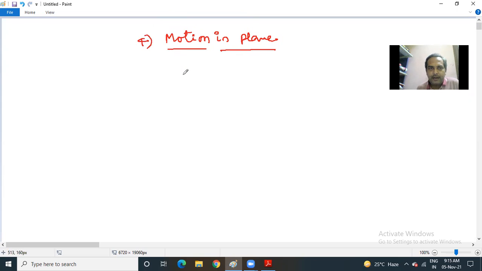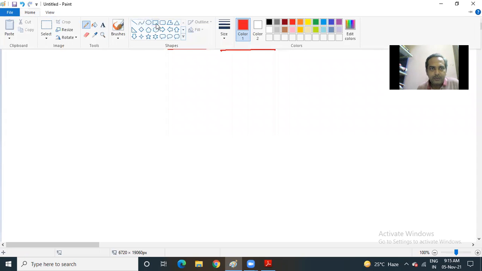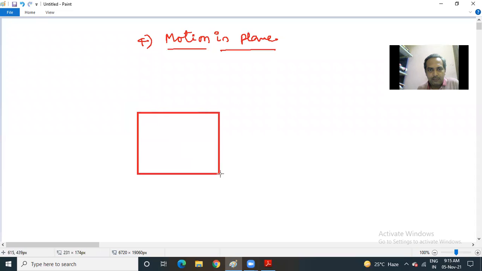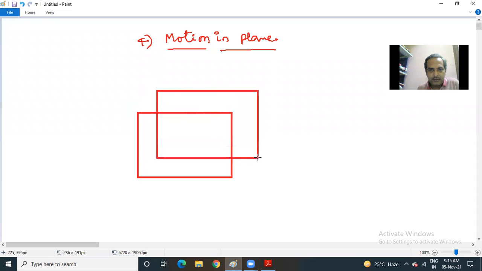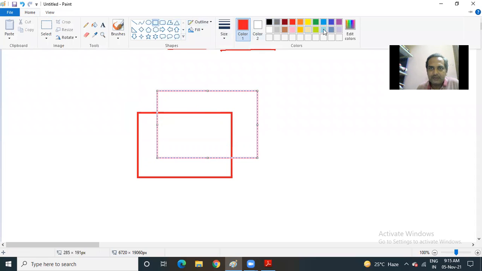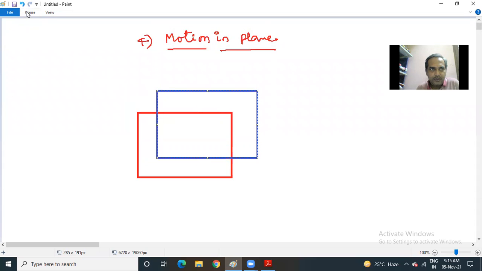Now, when do you say an object is moving in a plane? Let me explain. Take a room, let us say, like this. You can give x-axis, y-axis, and z-axis. By default, in general, we take this as y-axis, this as z-axis, and this one as x-axis.